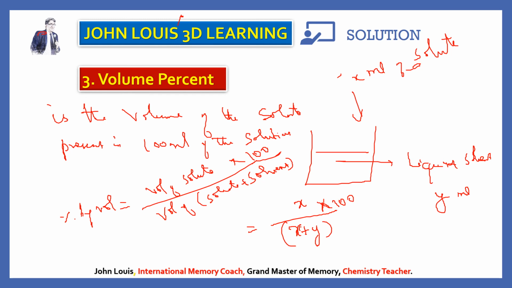If the percentage is given, we can also calculate how much solute is dissolved. If all the data are given and one value is unknown, using this formula we can find out the unknown value. In the next video presentation of this lesson, we are going to work out some problems based on these formulas.